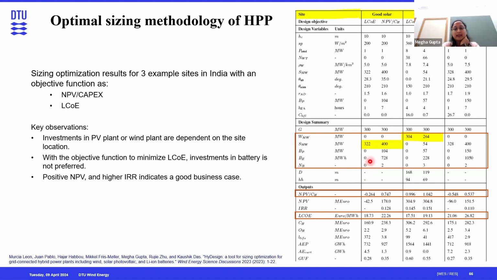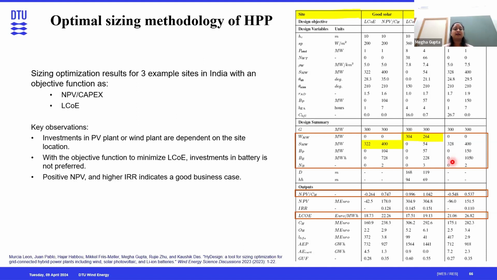You can see in the objective function with LCOE columns, we have batteries as almost zero in all the cases. But when the objective function is maximum NPV over capex, then we do have batteries, because it will try to minimize the curtailments, and with that it can get more revenues, and that can make up all the investment costs that we have made with expensive batteries.